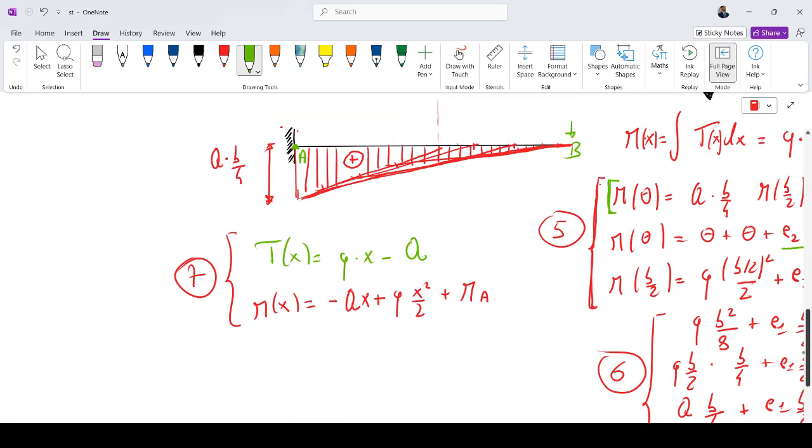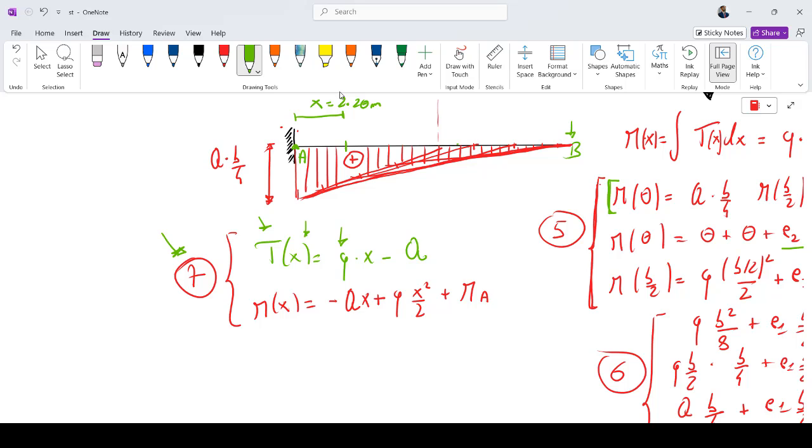So at last we have the formulas of equation number 7, which tell us the distribution of the shear along the beam, along the x coordinate, is equal to Q times x, so the load times x, minus Q, which as we see is VA.